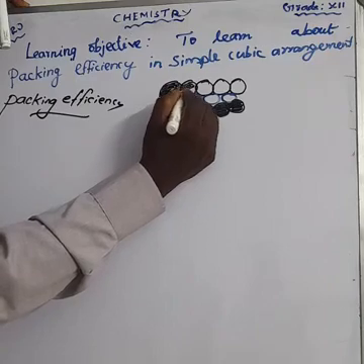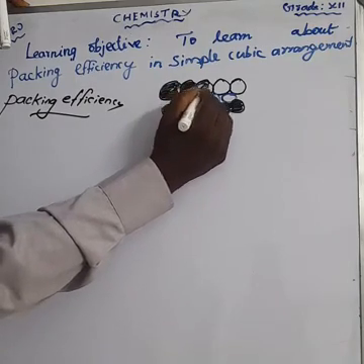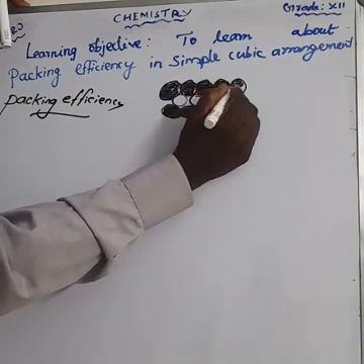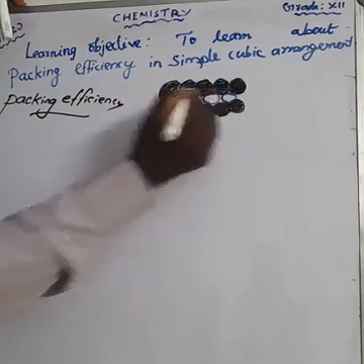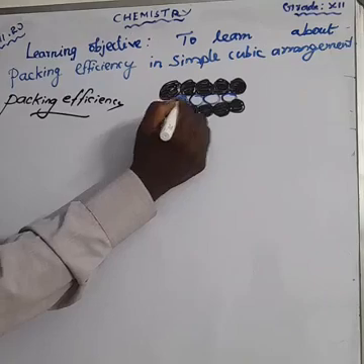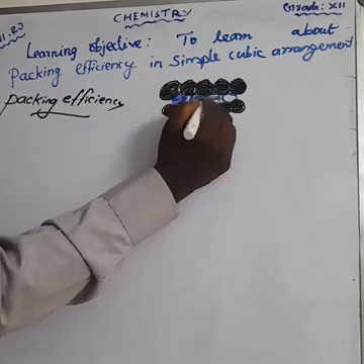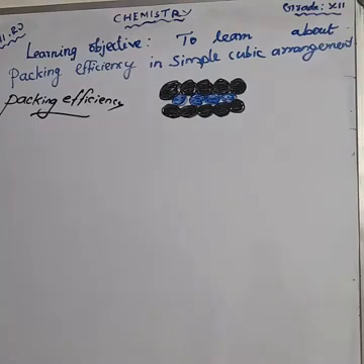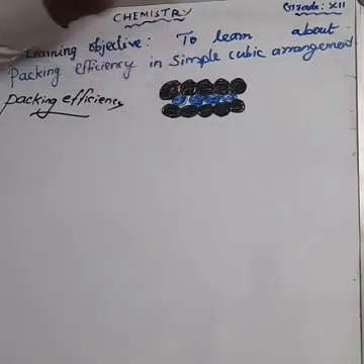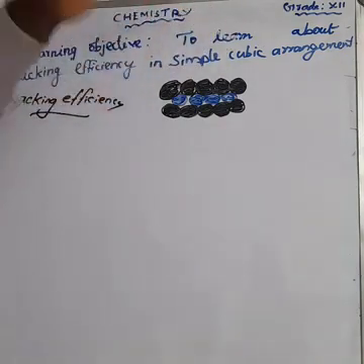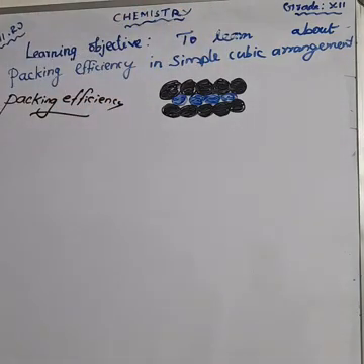First layer, second layer, okay. The second layer I have drawn with the blue color. Here there is some free space between the spheres of the single layer and the spheres of the successive layer.